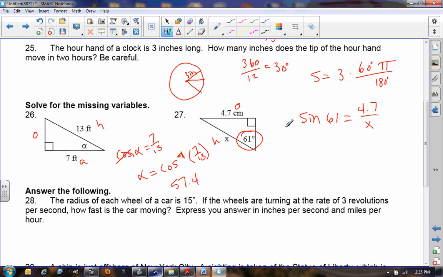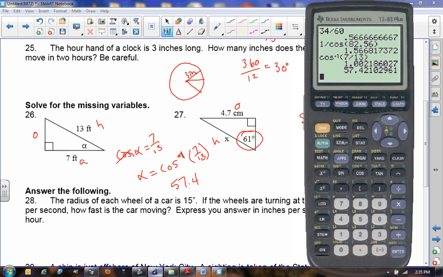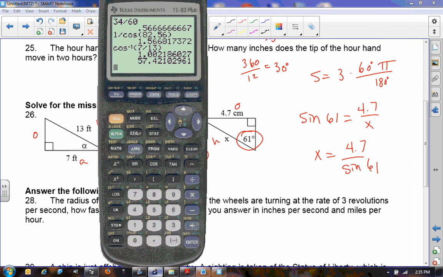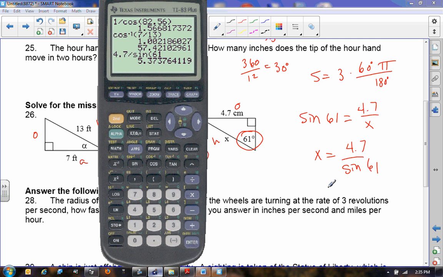Multiply by x, divide by sine. Throw it in the calculator. Let's see what the calculator has to say about this. Divided by the sine of 61. .37.